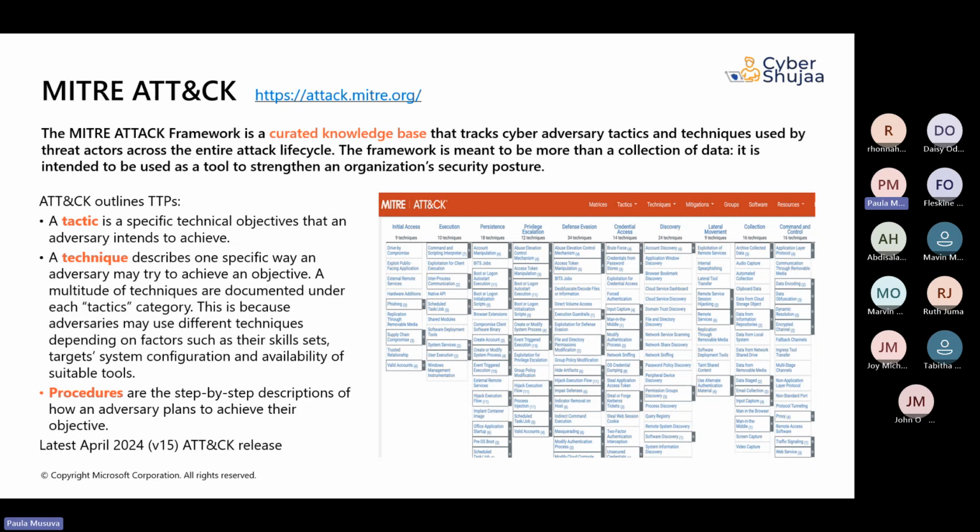TTP basically says there are some specific tactics, techniques, and procedures that adversaries use, and we can understand them in a lot of detail. This resource is very good in helping you understand that. So I highly recommend that you spend a bit of time on this.